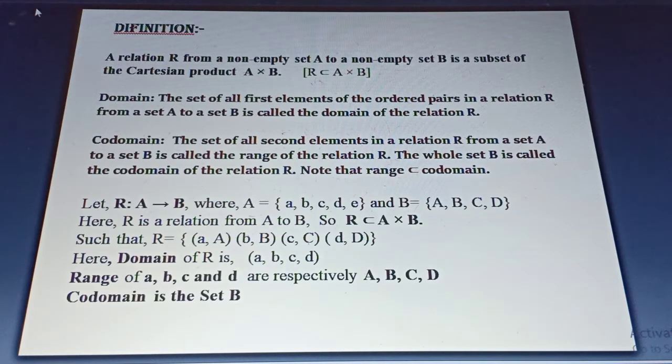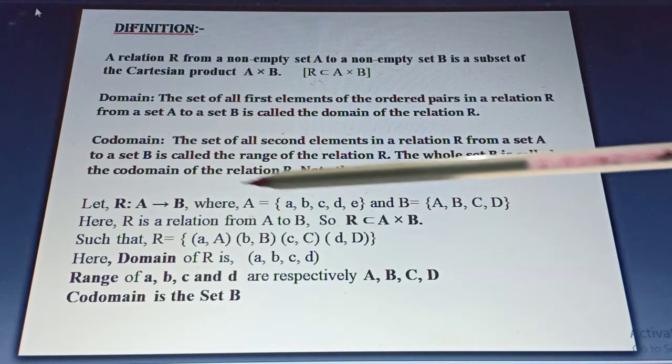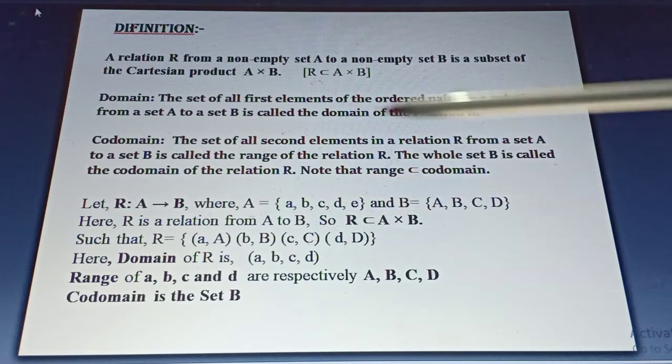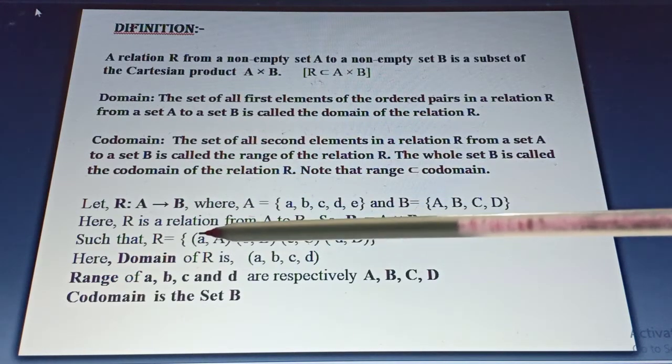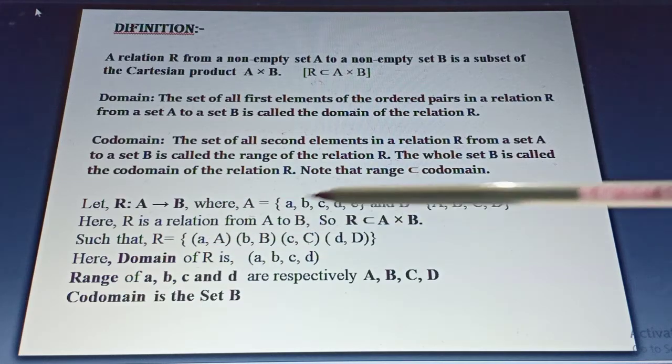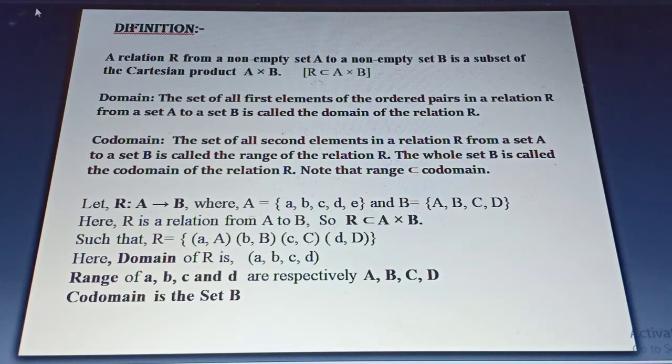The second element is called the range of R. Here capital A, capital B, capital C, capital D are the range, corresponding to the elements small a, small b, small c, small d. I hope, students, you understood the domain and range.